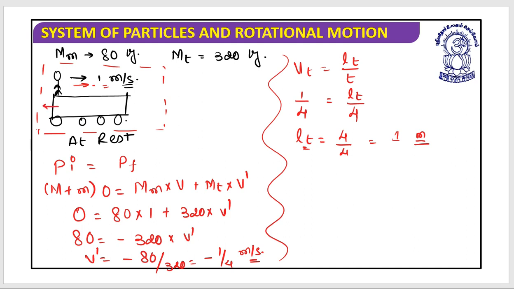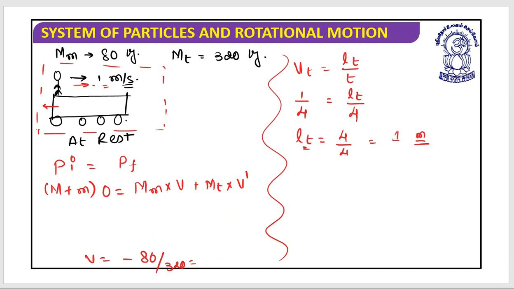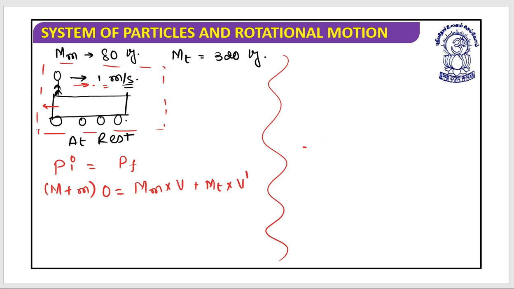So what I need to do is find out the velocity with a certain variation. Let me rewrite this. One second, give me a moment.